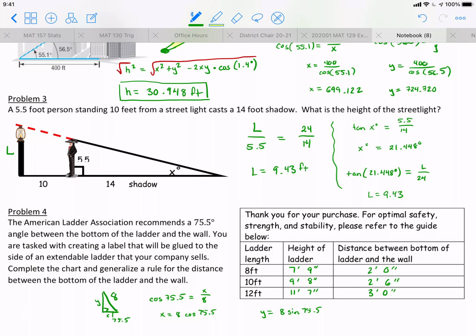So generalize a rule. We can see a pattern here. Every time I increase 2 feet, the distance from the bottom of the wall goes up by 6 inches. And then the height of the ladder goes up by 1 foot 11 inches. So that would be kind of a general rule.